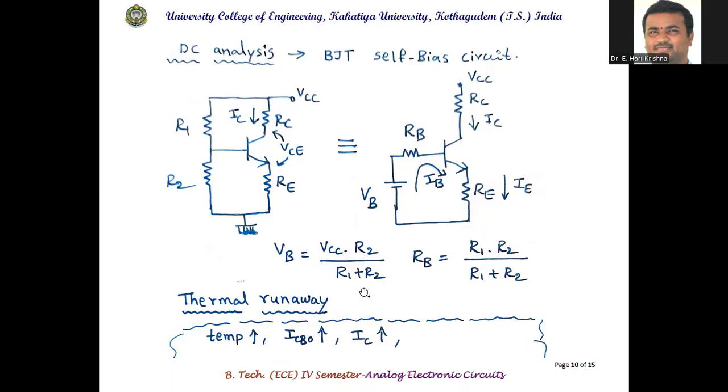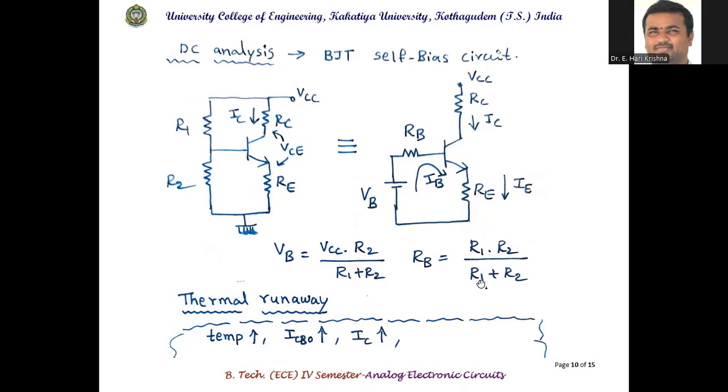The circuit you can see here: R1, R2 is a potential divider network, RC, VCE and RE. Operating point is always VCE, comma IC. This is replaced with its equivalent circuit. VB is equal to VCC into R2 by R1 plus R2. RB is equal to R1 into R2 by R1 plus R2.